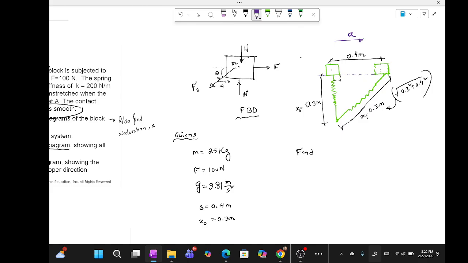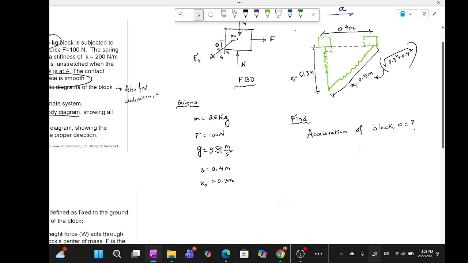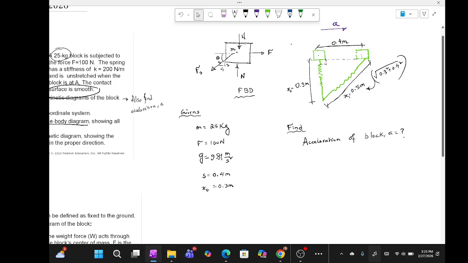We're trying to find the acceleration of block A. Can you do that? Maybe. Yes. All right, so we have to do the X and Y two-direction force balance.